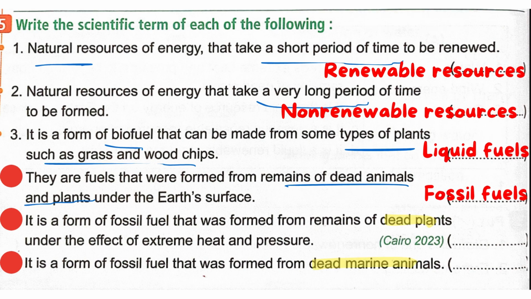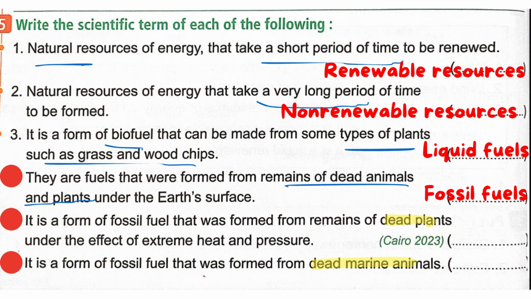But if it is like the next question, it is a form of fossil fuel that was formed from remains of dead plants under the effect of extreme heat and pressure. So what is the fossil fuel that formed from the dead plants?